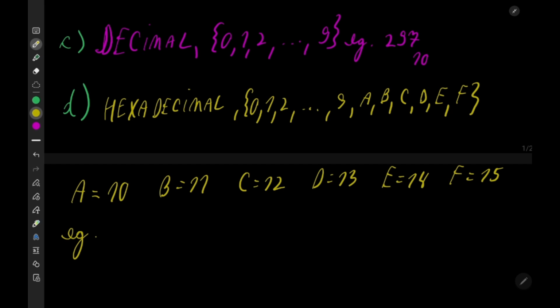Now, there are two ways of writing hexadecimal numbers. The more conventional way and the less conventional way. The less conventional way would be to write it like this. Let's say we have the number A0B8. And of course, as we did for binary, decimal, and octal, we're going to write subscript 16. This is less conventional.